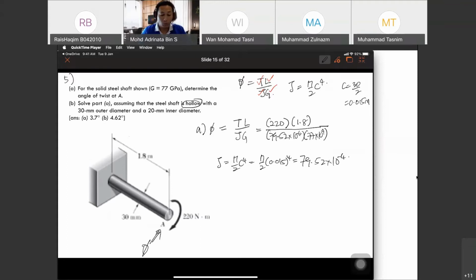Okay, so kita dapat angle of twist is equals to 0.06467. Okay, and this is in radian.